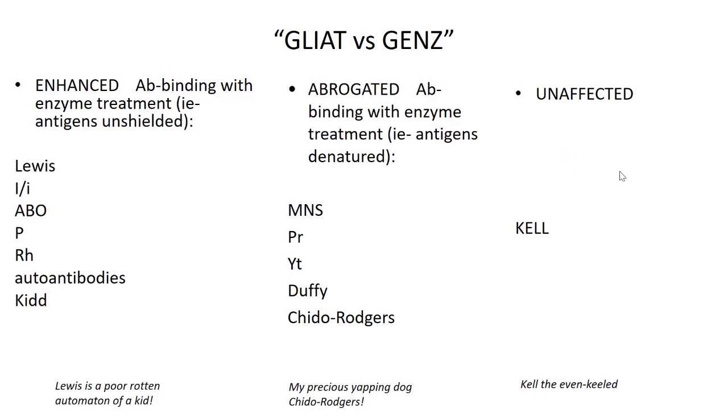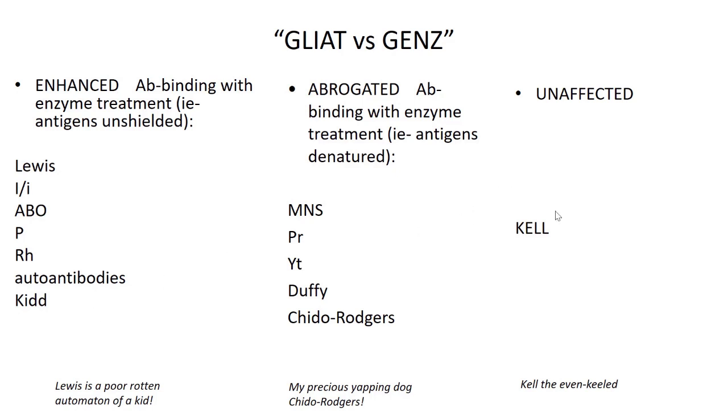So carbohydrate antigens, Lewis, big I versus little I, and ABO are examples of enhanced antigens. You're going to see more reactions or higher strength reactions with enzyme-treated cells if these are the targets. P is brought out, RH is brought out, autoantibodies are enhanced, and Kidd antibodies are also enhanced.